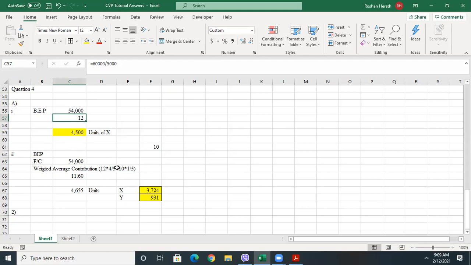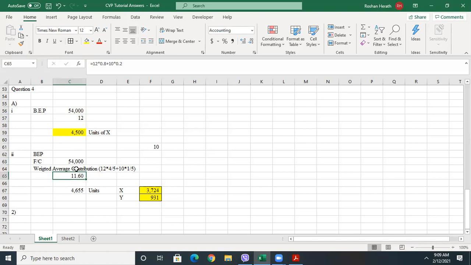Here it says that your sales mix is when you sell 4 units of X, you sell 1 unit of Y. So that is your sales mix. Then the weighted average contribution is going to be contribution per unit into the sales mix, 10 into 1 divided by 5. Once you work that out, you end up getting the weighted average contribution of 11.6.